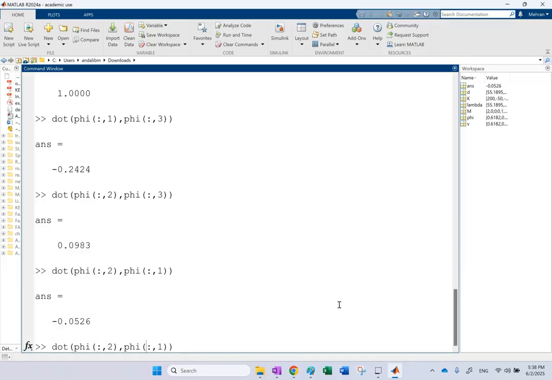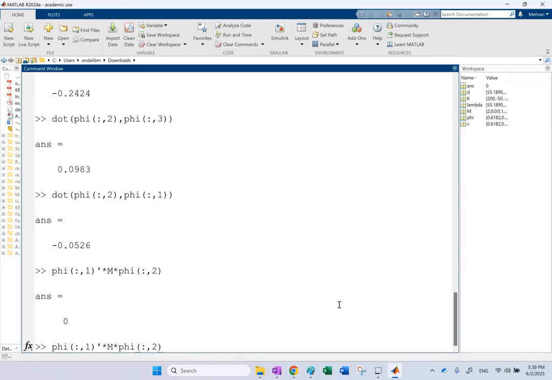What if I multiply, for instance, mode shape 1 vector multiplied by the M matrix, then multiplied by mode shape 2. And for that, I need to transpose this. So I transpose mode shape 1 multiplied by M multiplied by mode shape 2. Look, 0.